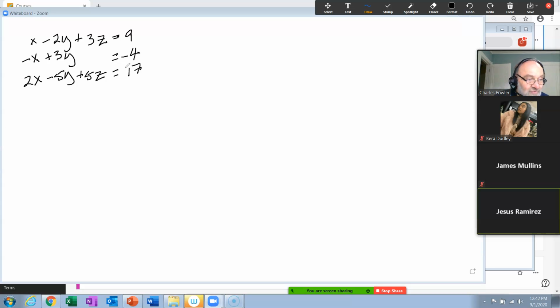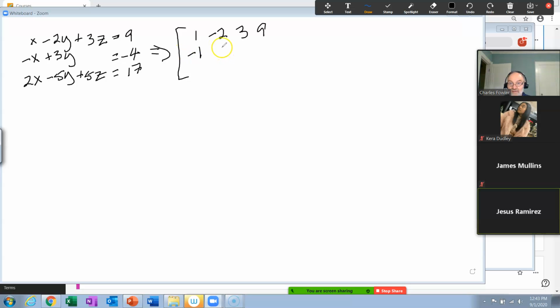So we're going to do Gauss-Jordan elimination now. Okay, first thing we're going to do, write this as an augmented matrix. Anyone want to tell me what numbers would go there? 1, negative 2, plus 3, is 9. Got it. Next.